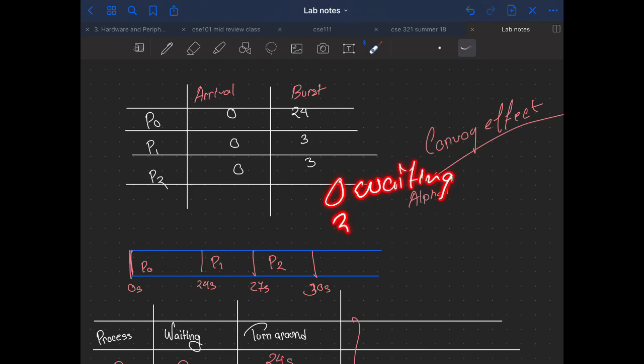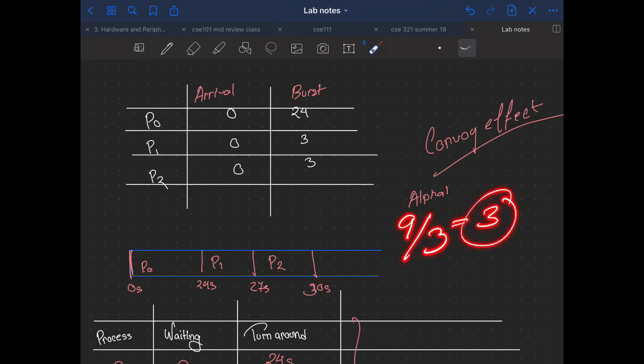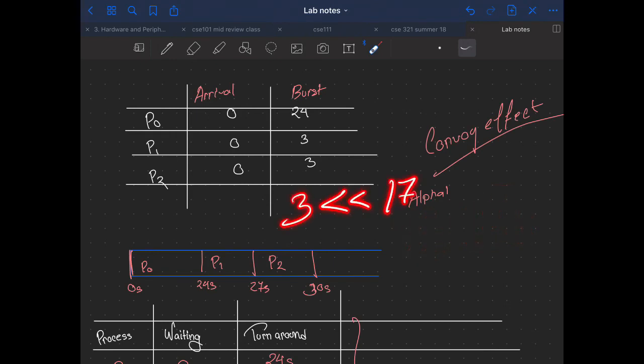Then P2 would have a waiting time of 3, and P0 would have a waiting time of 6, so 0 plus 3 plus 6 is 9, divided by 3, so 3 seconds of waiting time on average, which is much less than the 17 we had. So this is one of the problems, and it is called the convoy effect.